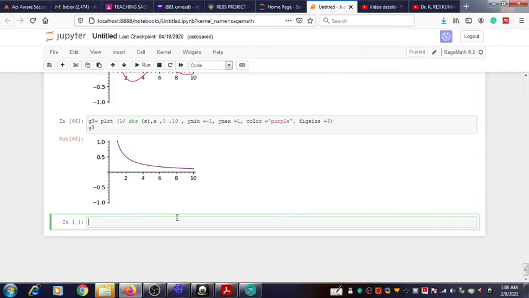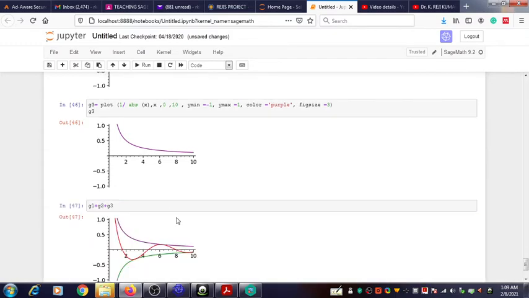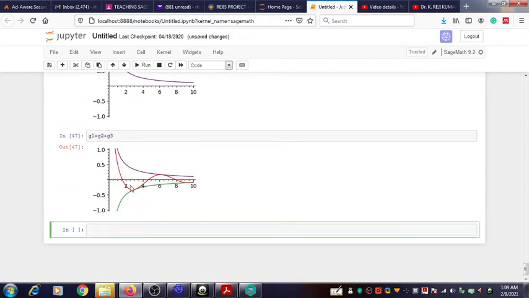You can do that by typing G1 plus G2 plus G3, which can give you the combined effect of the three functions. Yes, that is available. We have obtained that combined effect. You can see all three curves drawn together in a single figure.